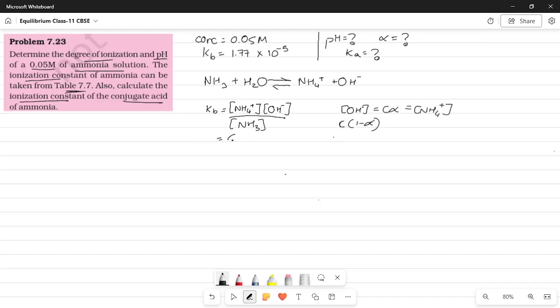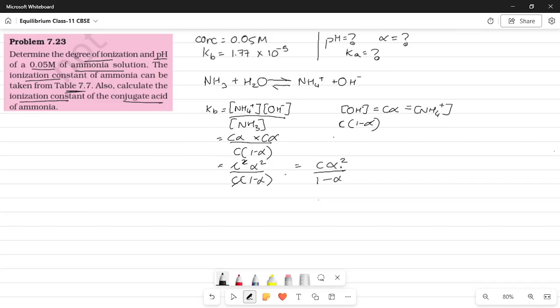So you're going to have C alpha into C alpha divided by C into 1 minus alpha, which is again the same equation that we got before. So it's going to be C squared alpha squared divided by C into 1 minus alpha, which simplifies to C alpha squared divided by 1 minus alpha. Okay, so this is the equation for Kb.